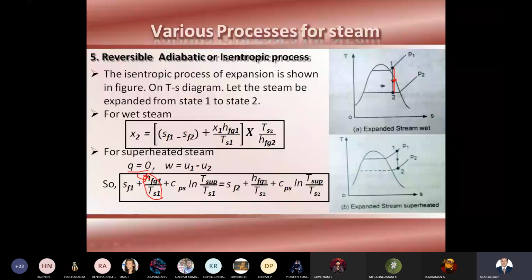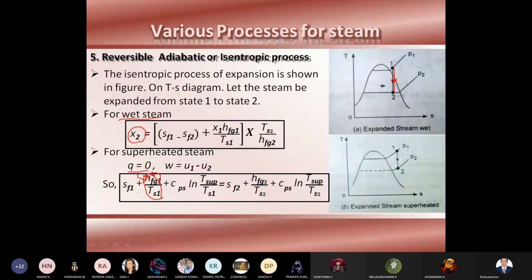So here for wet steam, S1 is equal to S2. Wait, I will derive that if you want. Then I will come to that later. So we can have the x2 for wet steam with this equation.